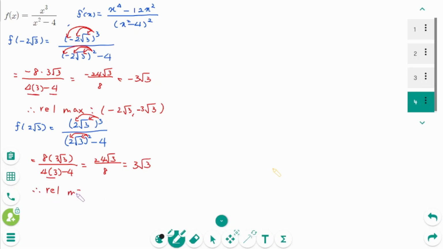Relative minimum at 2 square root of 3 comma 3 square root of 3.